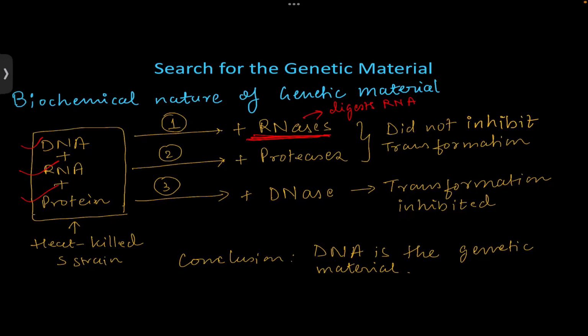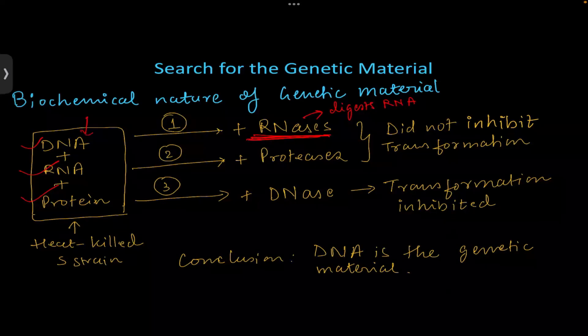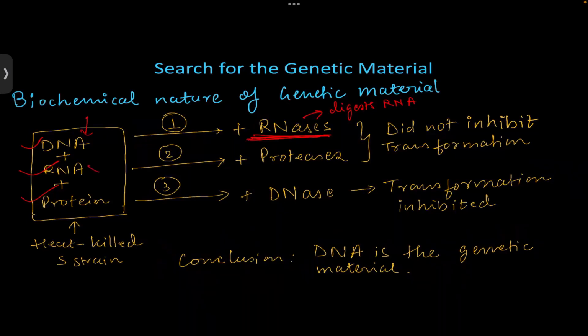So in the first set, when they added RNase to this particular mixture, as I said, you would expect RNA to be deleted, meaning it will be degraded altogether. So there will be only DNA and protein present.